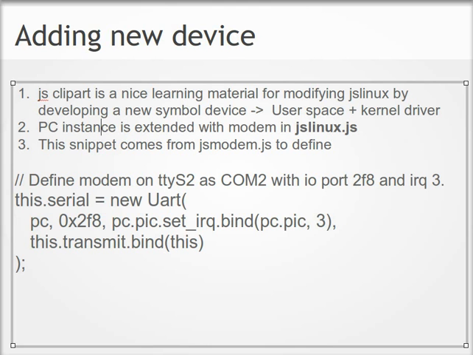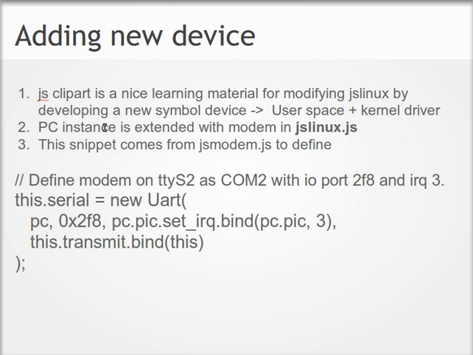As the second step, to add the device, you should take the PC object, seeing it as a JavaScript class, and extend it with the modem class. The most important part for me was arranging communication with JS, the part that communicates with the box.